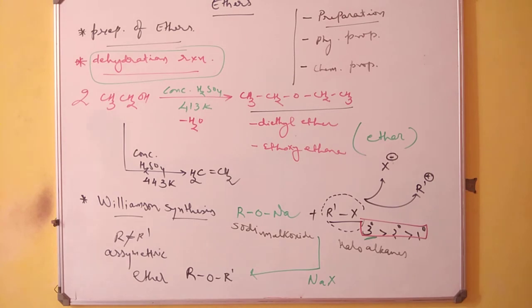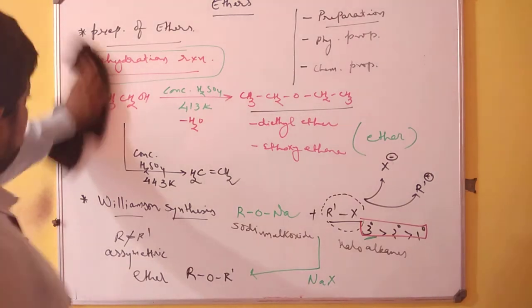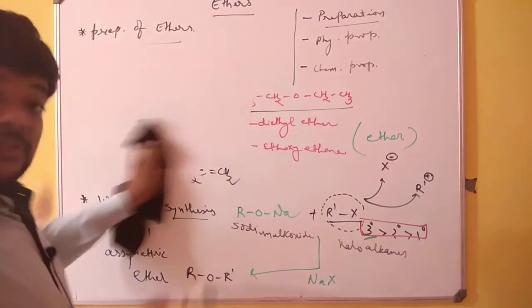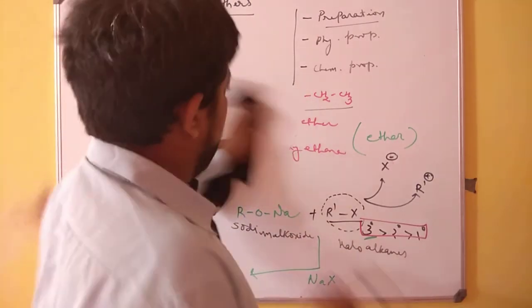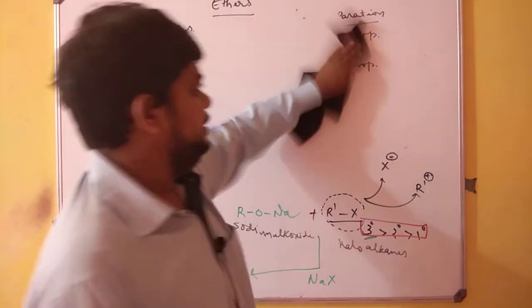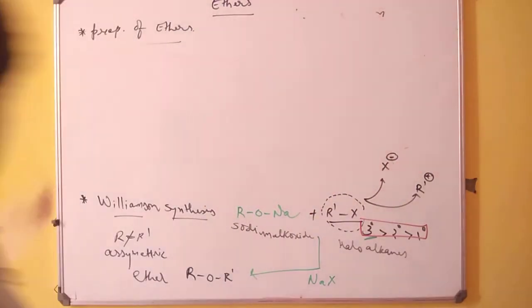Now, before we move ahead, let us take one more set of reactions of preparation of ethers, very much similar to the last reaction, that is Williamson synthesis, but over here we would be interested in aryl group.